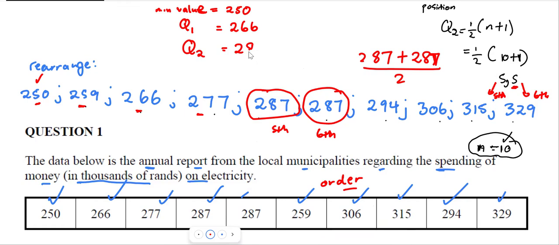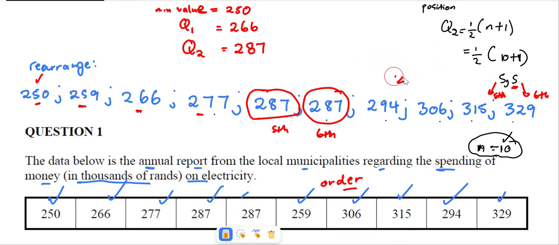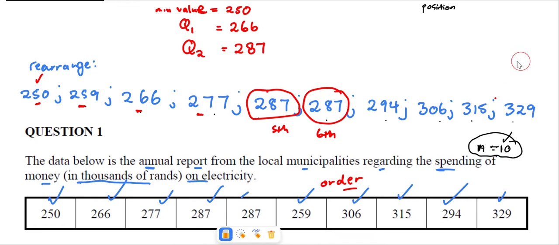So that's 287. This is what you're going to have. So that is the major part. At comma 5, you look in between the given whole numbers.